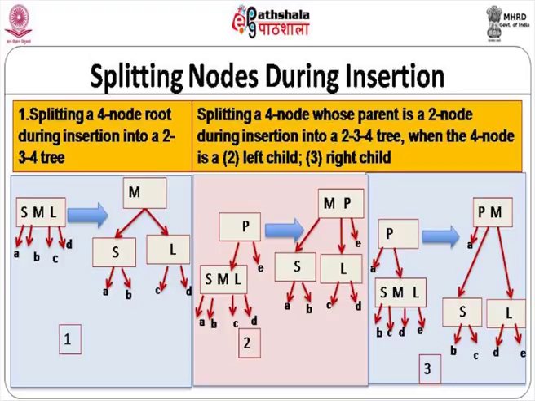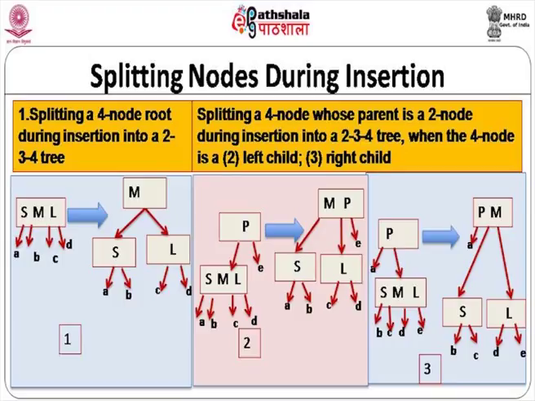In the next case, the third case, the 4 node is a right subtree. It is similar, but look at where you place the M and where the children come. In the earlier case, CD and E came; here BC and CD come as before.